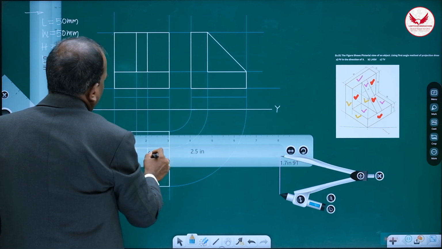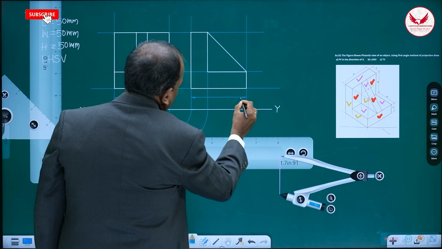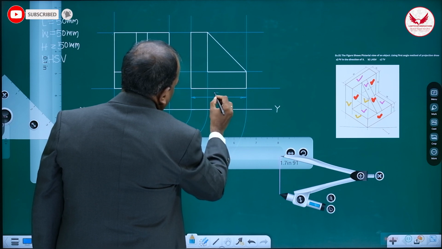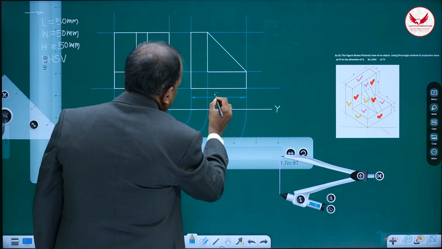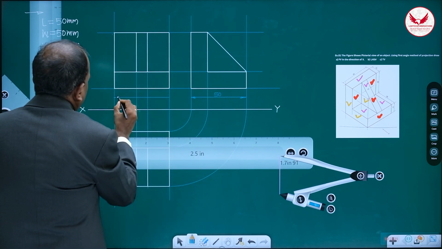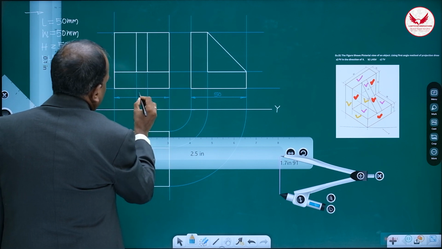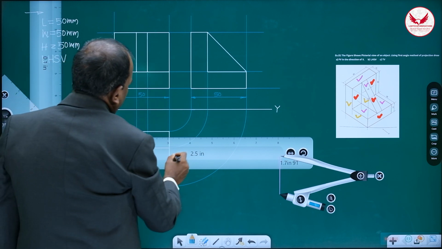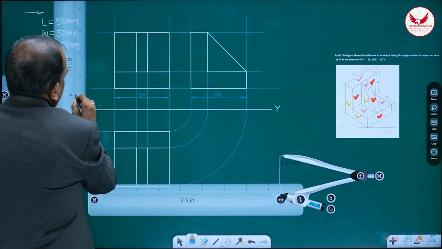So it is 50. The length is also 50. And height, how can we mark?